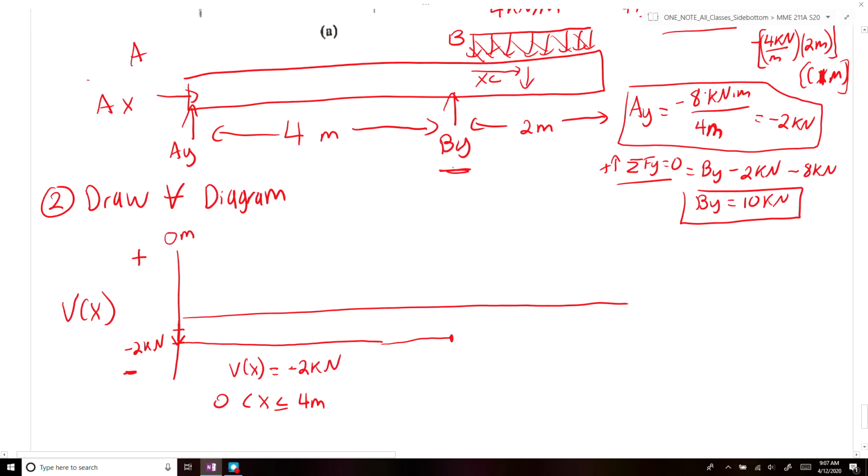So for a concentrated force, we know that we just add that force to our free body diagram. So we know that B of y is equal to 10 kilonewtons along this region. So we would have plus 10 kilonewtons. So we go from minus 2 to 8 kilonewtons at x is equal to 4 meters.